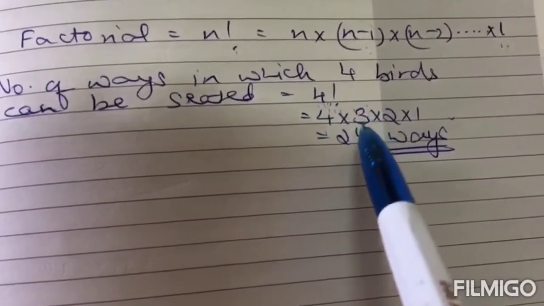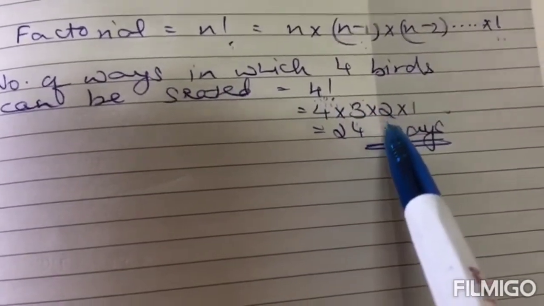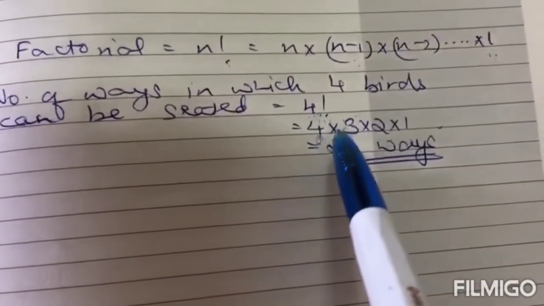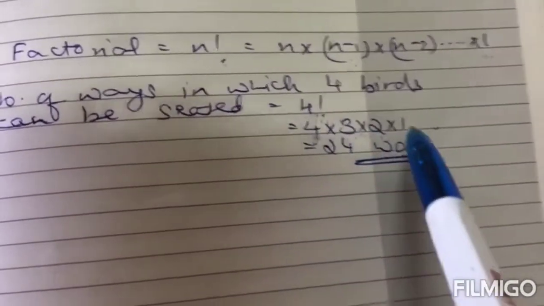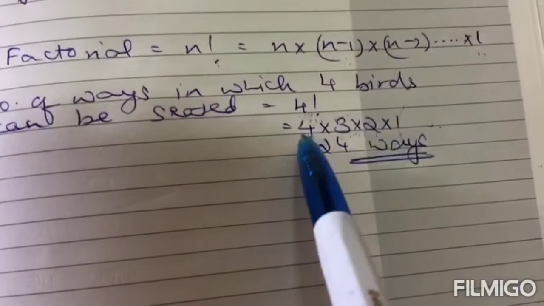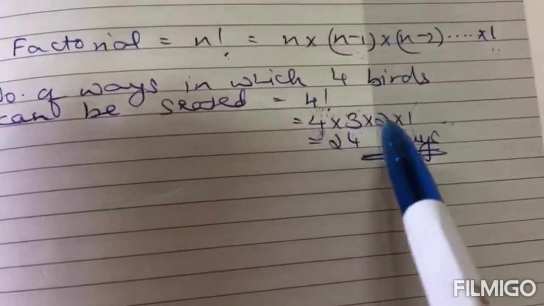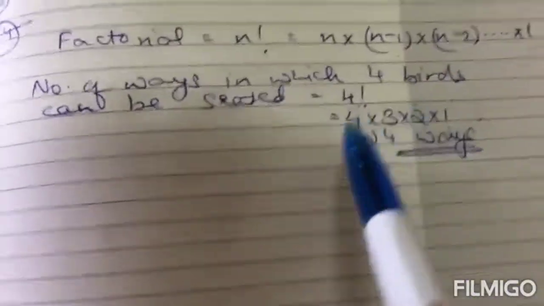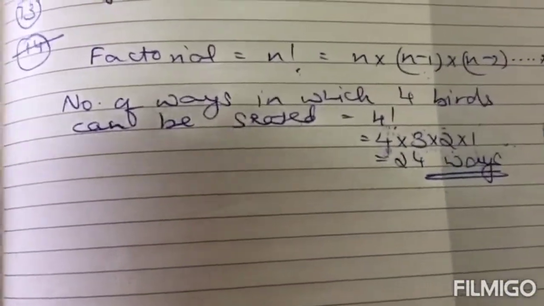What is n minus 1? 3. What is n minus 2? 2, into 1. So you have to multiply this number n with all the numbers before it till you reach number 1. In this case, it would be 4 into 3 into 2 into 1, which is 24 ways. So we can arrange 4 birds in 24 ways.